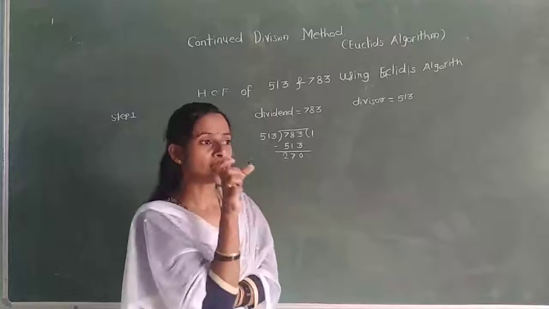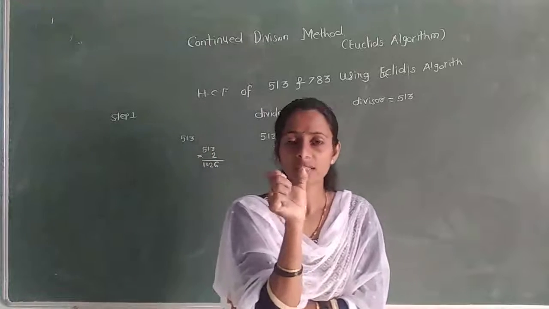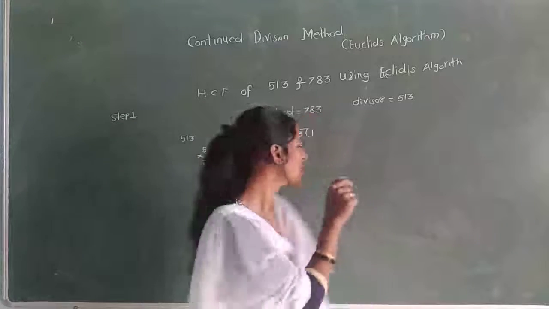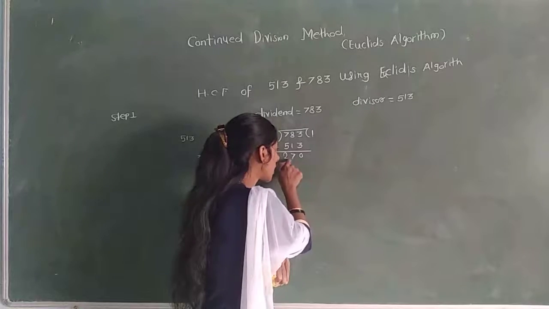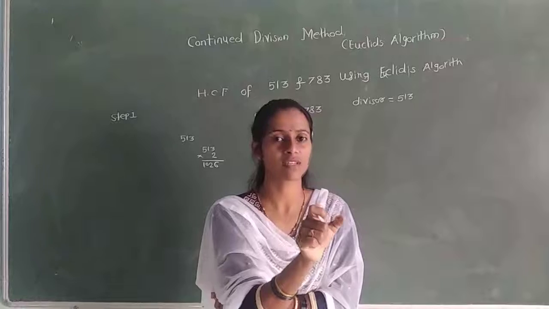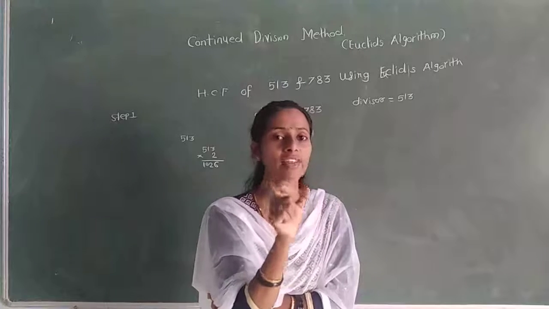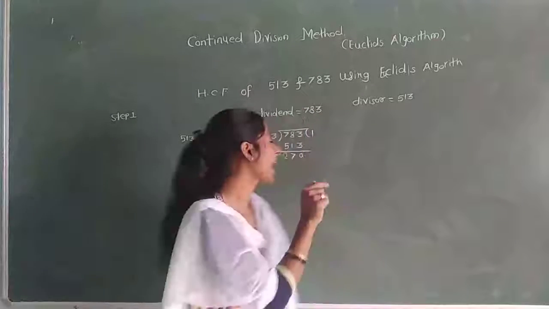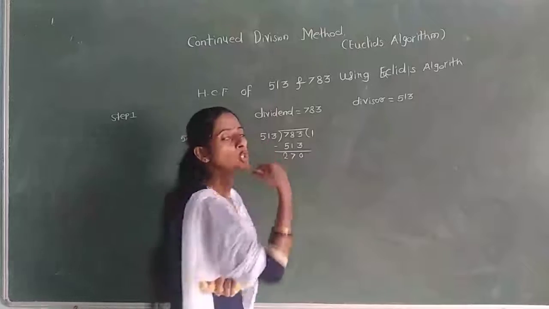The next step is to take the remainder as the new divisor, that is 270, and the divisor as the new dividend.